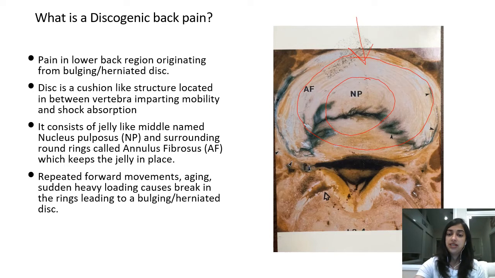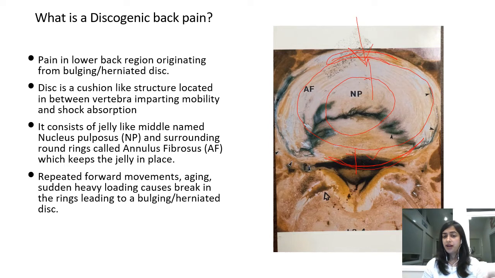Now this jelly is forced to migrate backwards because of the increased pressure, and it keeps pushing on the rings in the back. Similarly, when you bend backwards, a lot of pressure or force is created at the back, making the jelly migrate in the anterior or front direction, causing it to increase pressure in the front rings.